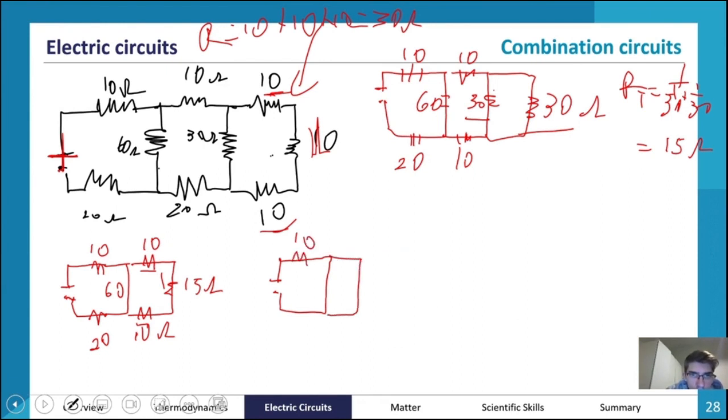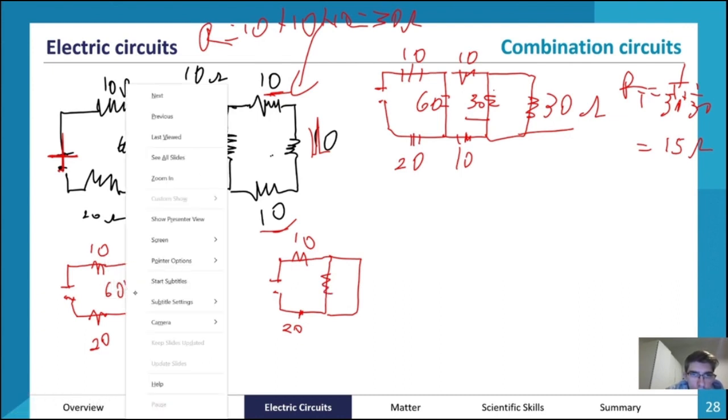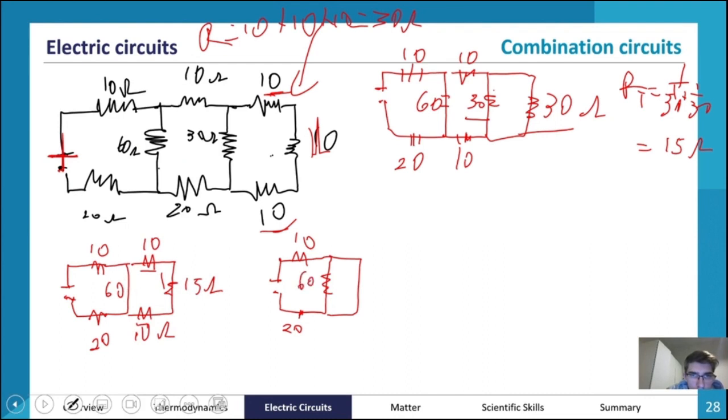We have 10 ohm here, 20 ohm here, 60 ohms here, and 10, 10, 15. Well, what is that? That is 10 ohms plus 10 ohms plus 15 ohms. That will equal 35 ohms.